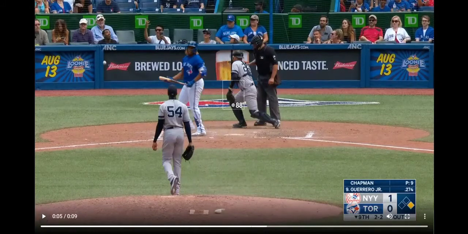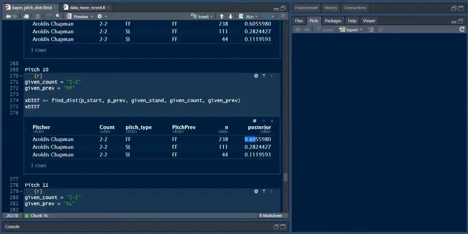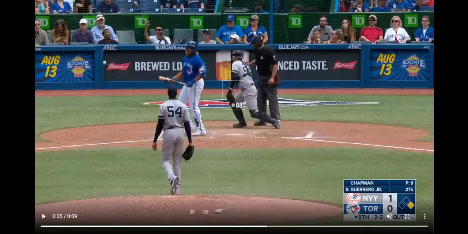All right, so for one of the first times in this at-bat that we are breaking down here, Chapman goes with a pitch that's not the number one pitch by a lot, right? I mean, in this case, the model said that a fastball is 2 times more likely than a slider. But again, we're not baking in the fact that he just threw 2 fastballs in a row.